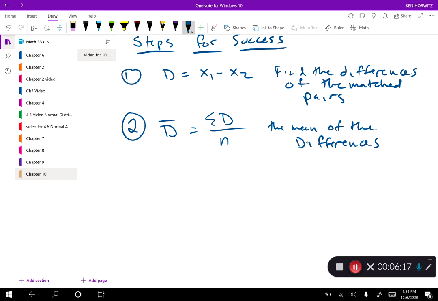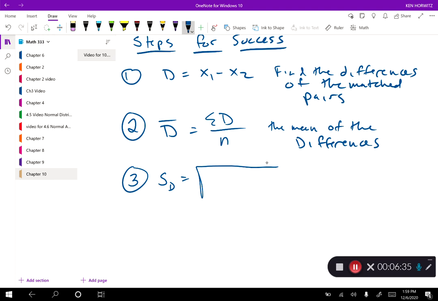Then the next thing we need is s with a little d as a subscript, and that's for the standard deviation of the differences. Again, it's the standard deviation of the differences.